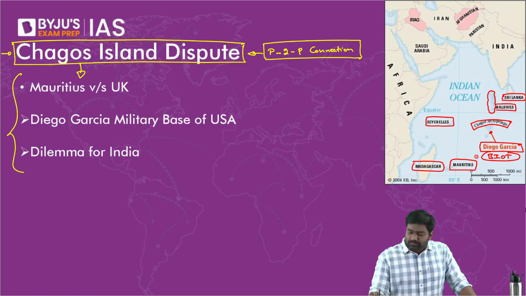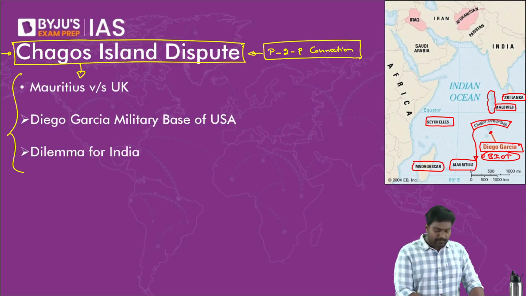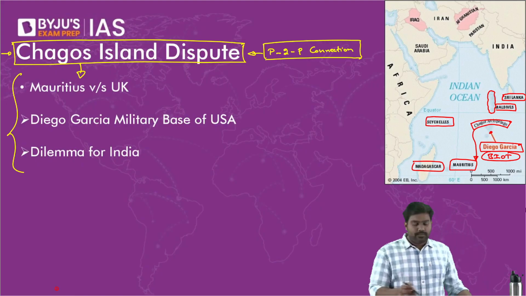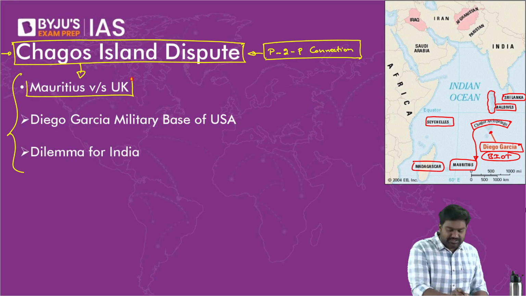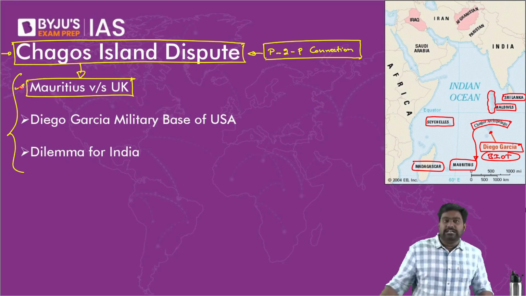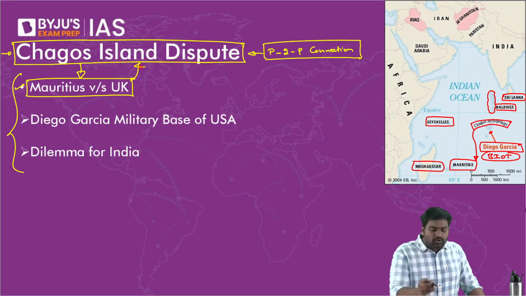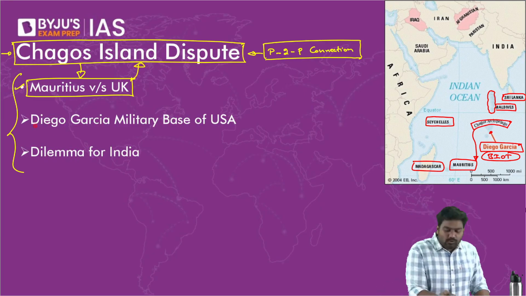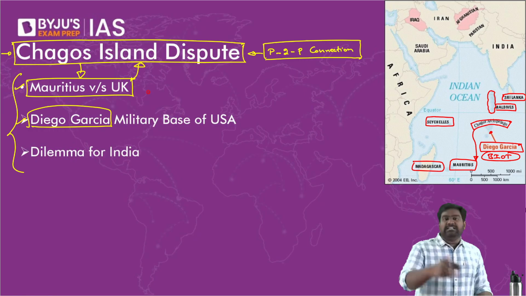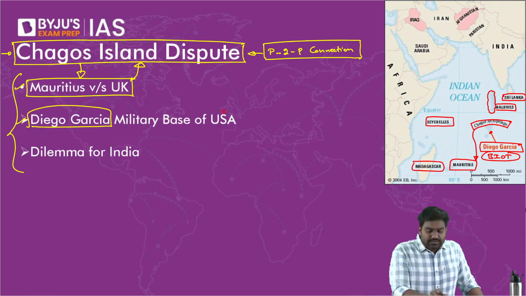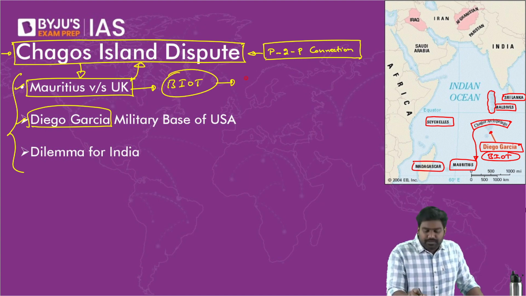Mauritius was supposed to get ownership of the Chagos Islands, including Diego Garcia, when the British decolonized the region and granted independence. But as we have discussed in previous classes, Britain would retain this territory. It's called British Indian Ocean Territory.